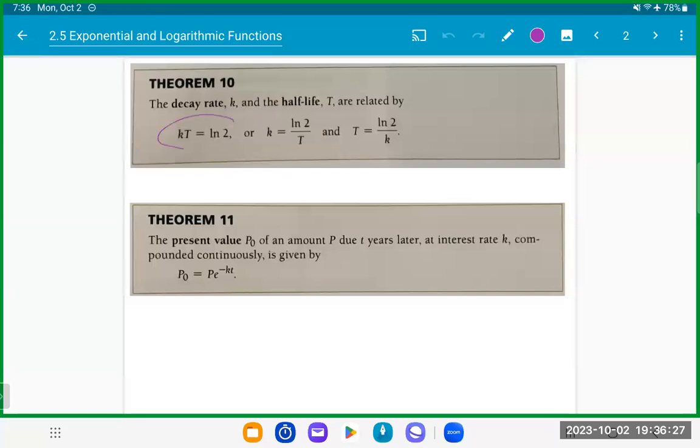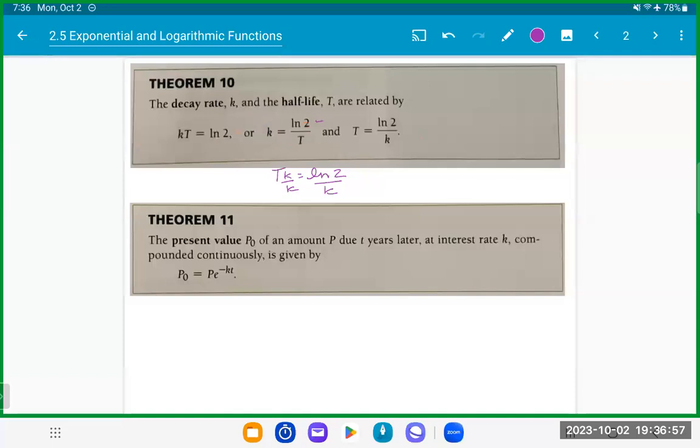So let's say I'm looking at this one and I wanted to solve for K, I divide both sides by T, and now I have this one, right? Or let's say I wanted to memorize this one. If I multiply both sides by capital T, I end up with TK equals ln of 2. Then I could divide both sides by K, and I end up with the third one, right?